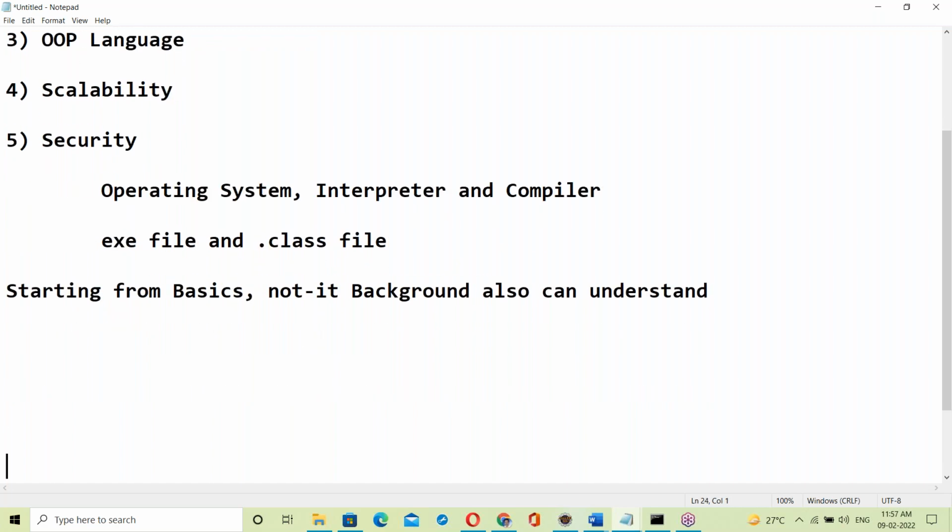Even IT background people, even those with 10 years of experience in Java, don't know some of these fundamentals. There are some unknown facts in the basics. From the very scratch I am explaining here.